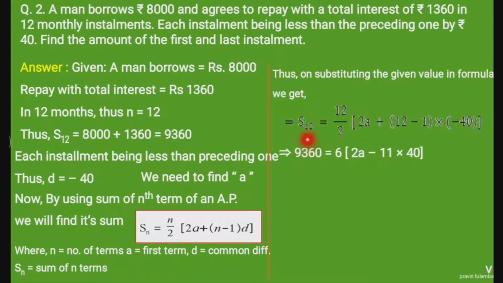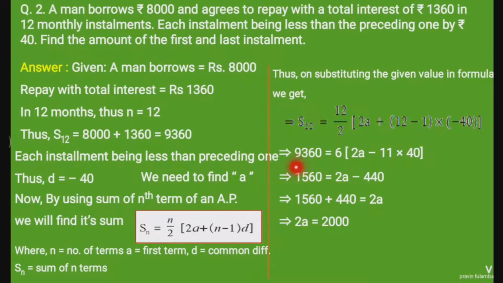So we write S12 as 9,360. 12 divided by 2 we write 6, twice A as it is. 12 minus 1 we write 11. So this plus and this minus 40, so we write plus minus as minus. So we divide this 9,360 by 6, we get 1,560, and we multiply this 11 with 40, we get minus 440.